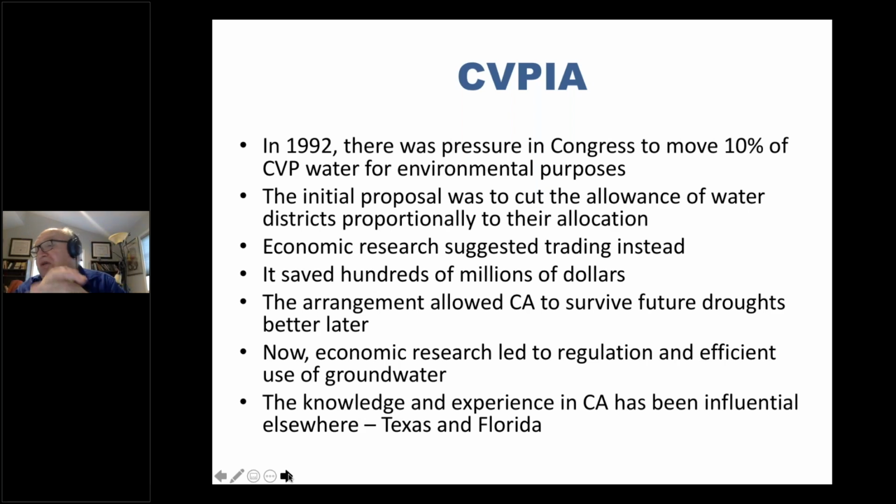Our experience has also been used in Texas and Florida. Droughts are problematic, and there will be more drought with climate change. But using economic principles and developing mechanisms like trading and other policies is very useful. Next.